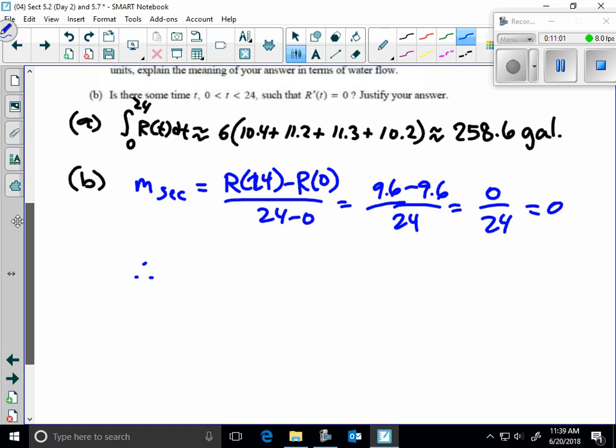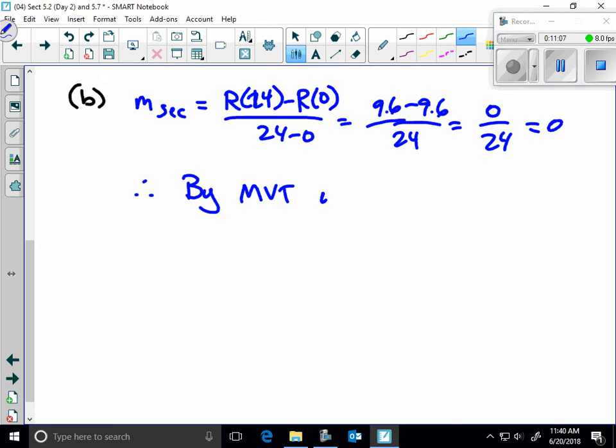Therefore, by the mean value theorem, due to the fact that the secant line slope on that interval is 0, we are guaranteed that there will exist some t such that, what would that be?